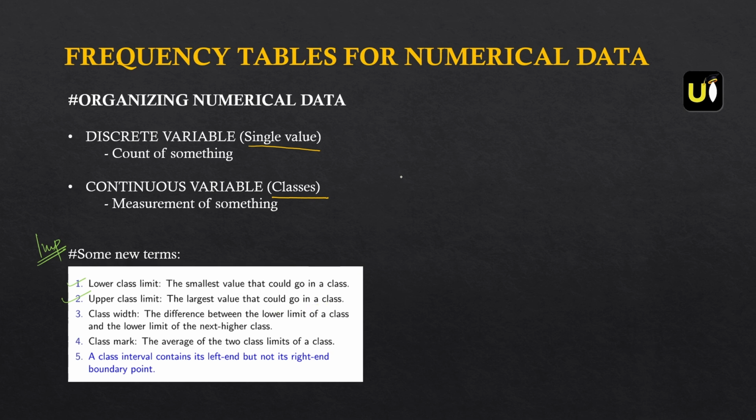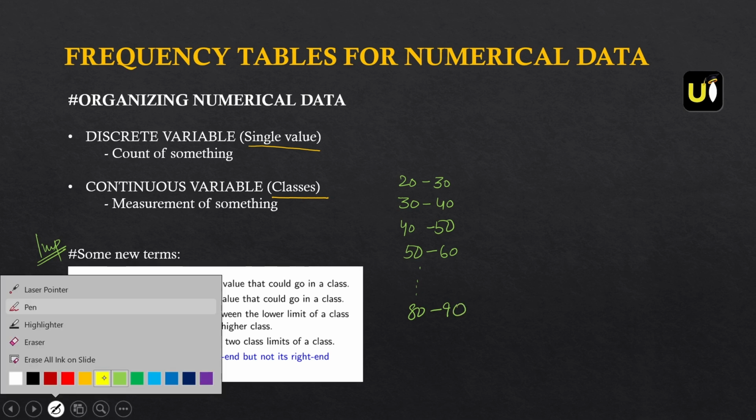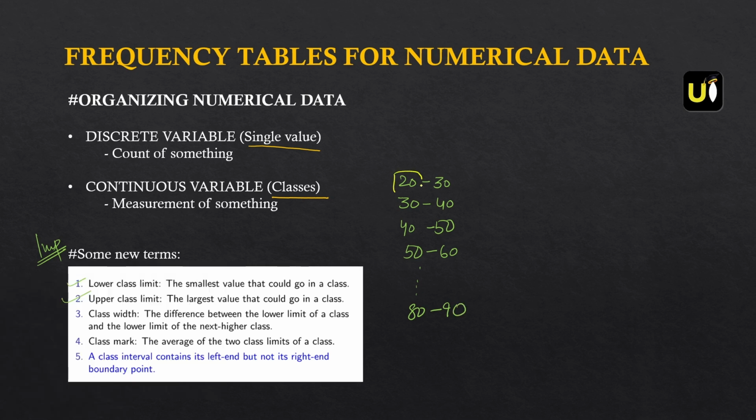Suppose we have data and the classes given are 20 to 30, 30 to 40, 40 to 50, 50 to 60, up to 80 to 90. So here 20 is the lower class limit and 90 is the upper class limit.